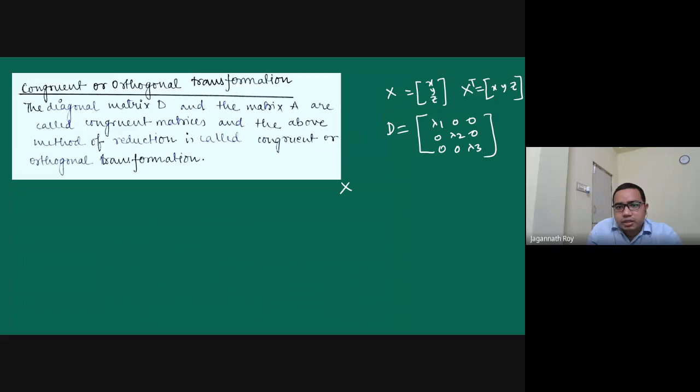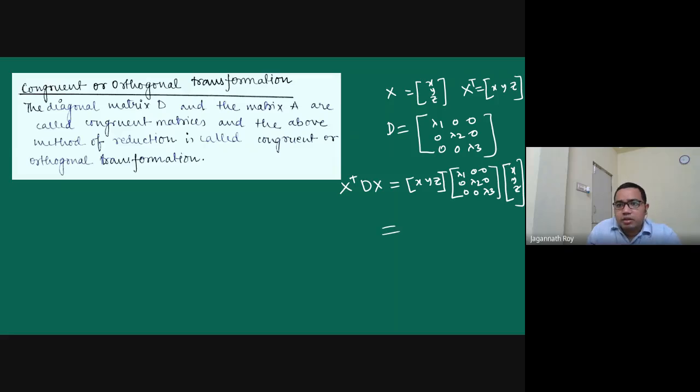So x transpose Dx is x, y, z multiplied with this matrix and the column vector x, y, and z.